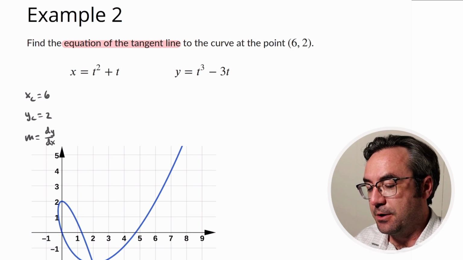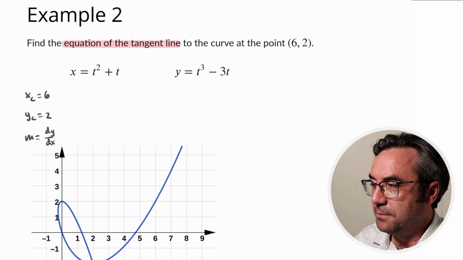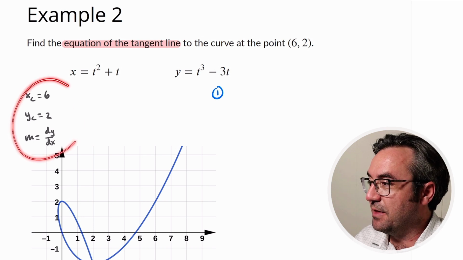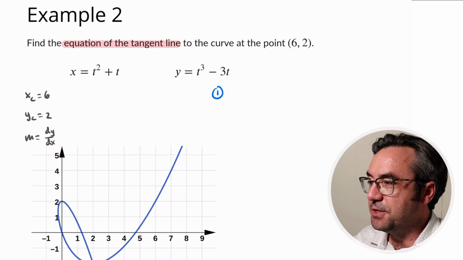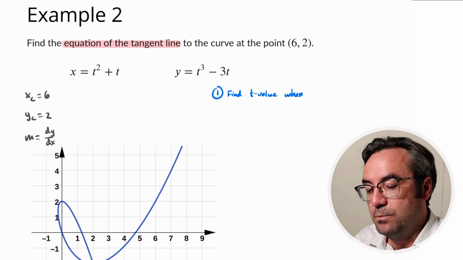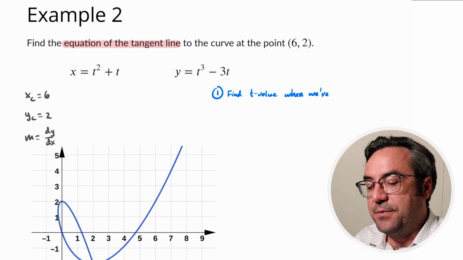So our first step, before we can actually start finding our tangent line, is we really need to find the time. We need to find the t-value when we're at this point.